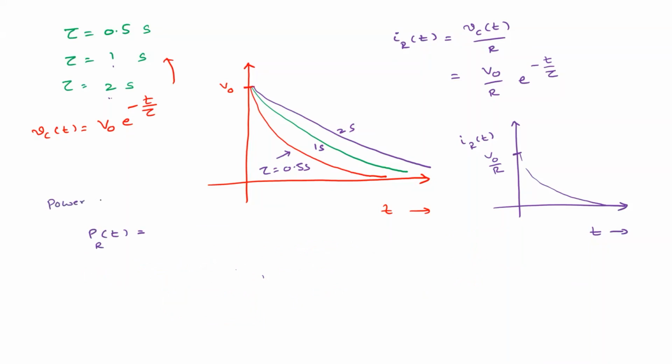Sir, iR square into R. So here the voltage, you know, right? vC of t square by R, right? Agree? So what is this value? It will be V naught square by R, so one R gets cancelled, into e to the power of minus 2t by tau. Is this correct?